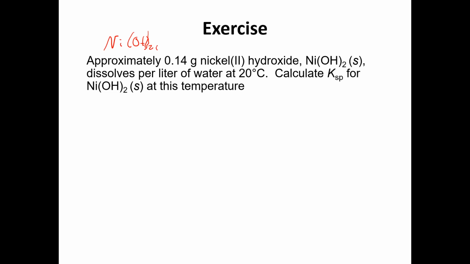So nickel hydroxide is a solid. Nickel is one of our transition metals. So hydroxide has a negative charge on it, and there are two of them, which means that nickel would have a 2 positive. So we're going to have Ni2+ aqueous plus 2 of the hydroxide ions, which are also going to be aqueous.